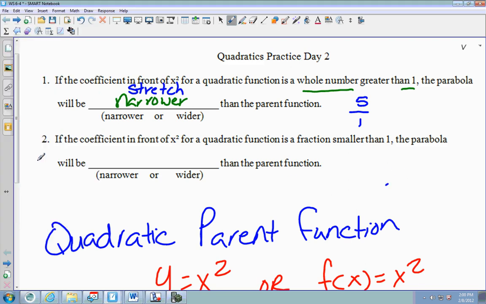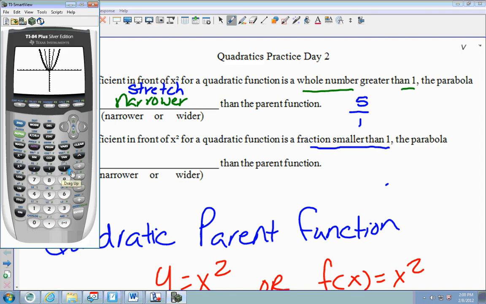The next one, if the coefficient is a fraction smaller than 1, what happens to the parabola? So if I go in here and make this 1/5, 1 divided by 5, x squared, and press graph. Let's look at what happens. There's the parent function, and there's the 1/5 x squared.